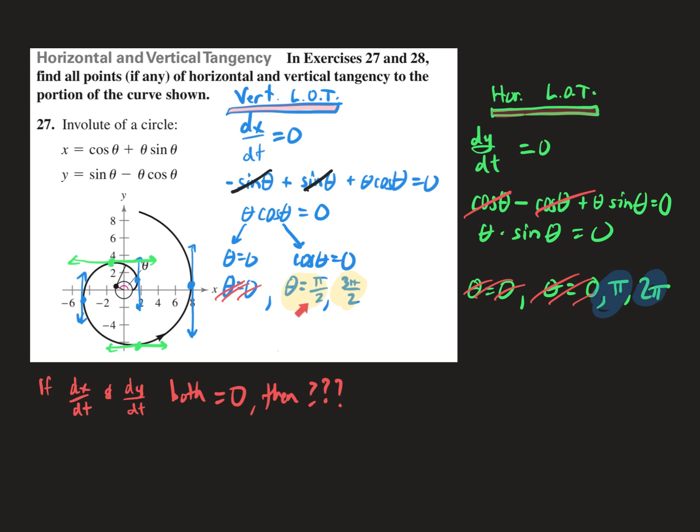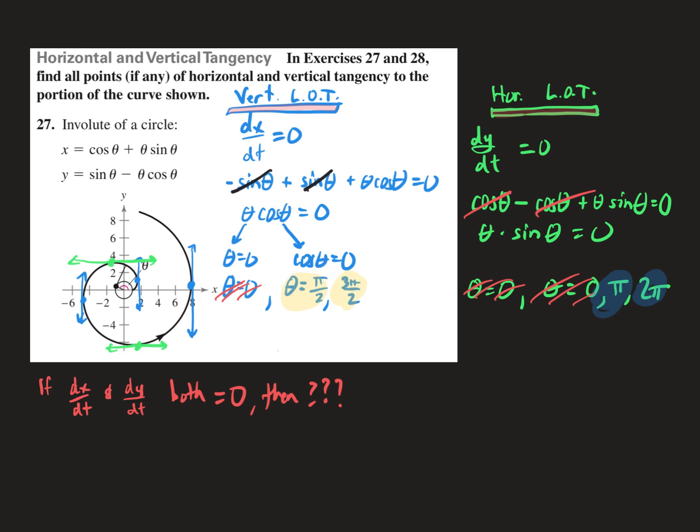Alright, well, we've got 2 vertical ones and 2 horizontal ones. We're done with the horizontal ones, but we don't have our third vertical one. So let's keep going here. What's the next angle when the cosine is equal to 0?